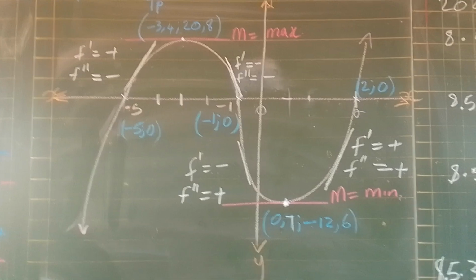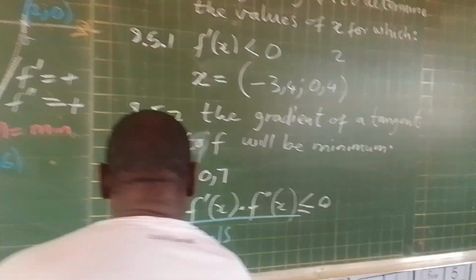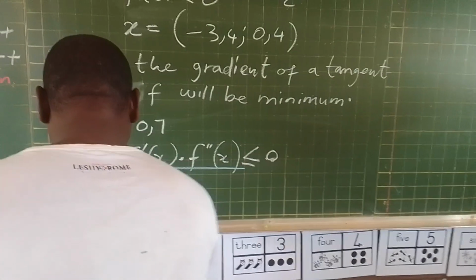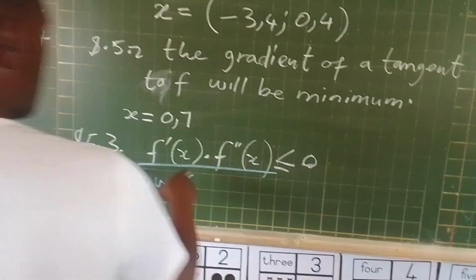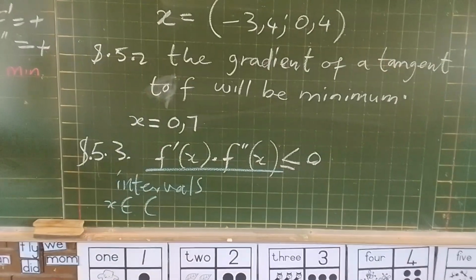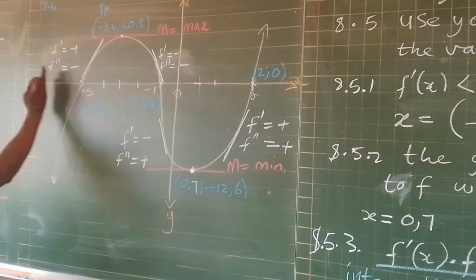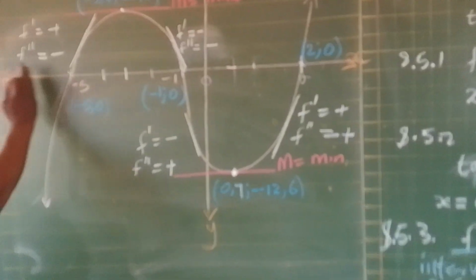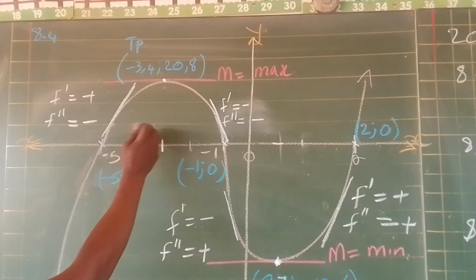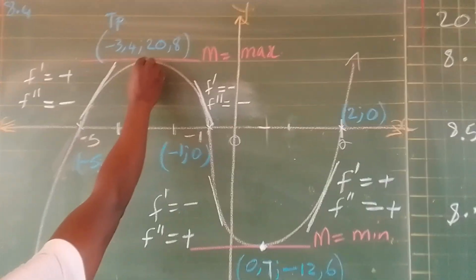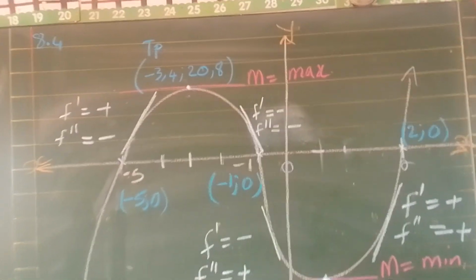So we are going to say for the intervals, the value of x is an element of, we must get a negative here, from all the way from the negative x-axis up until -3,4.